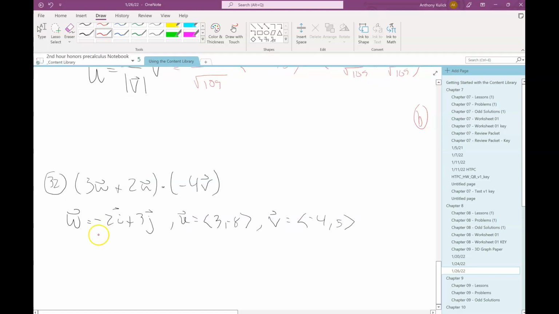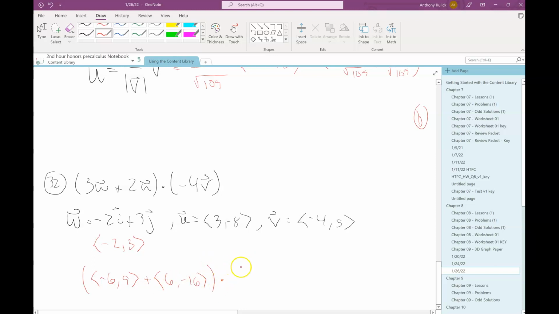First I convert w into component form, then do the scalar multiplications. So 3w becomes negative 6, 9. 2u becomes 6, negative 16.